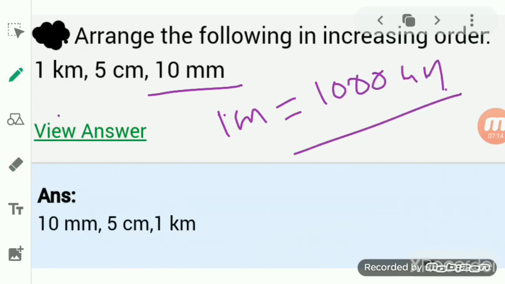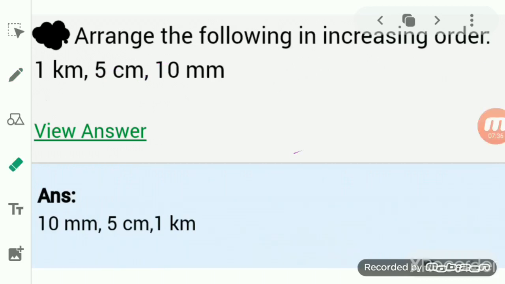So this is 10 millimeter only. Here it is 5 centimeter and 1 kilometer. So we can say that the millimeter is smaller than the centimeter, which is smaller than the kilometer. Now we can understand it by.